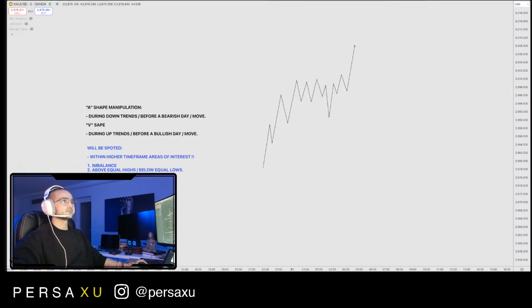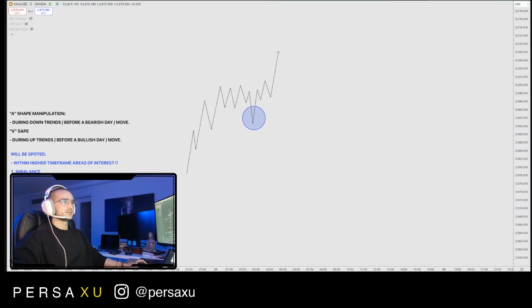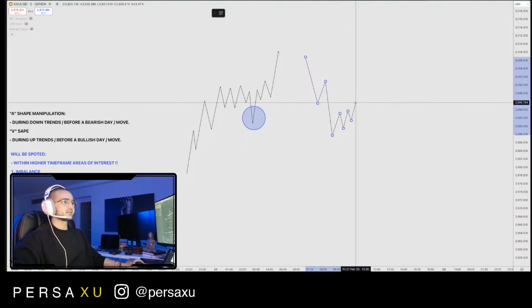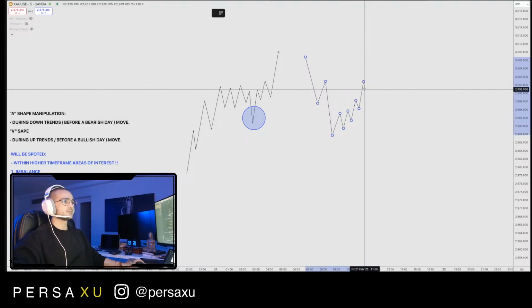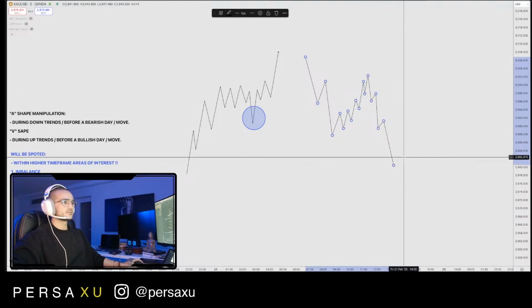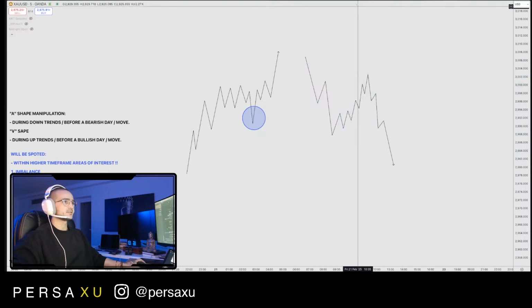So there is the V shape during the uptrend. During a downtrend, the market is going to consolidate and then create an A shape to continue its drop. And that is the A shape right there.